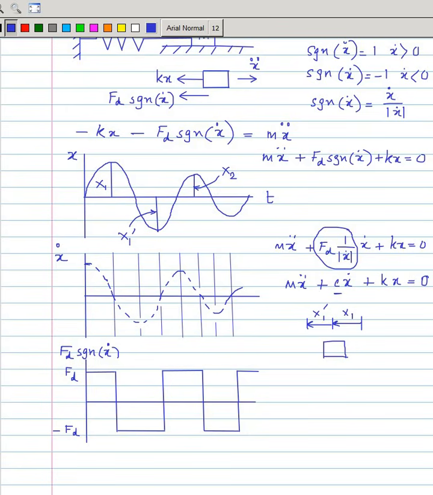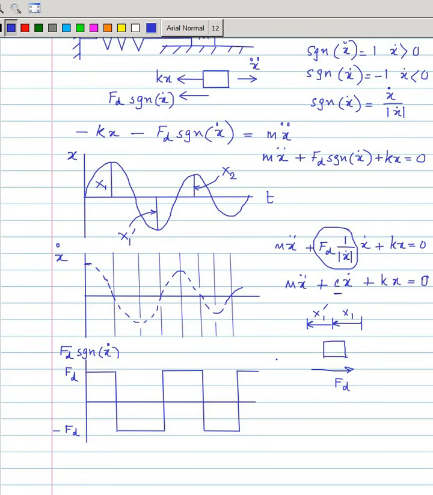From here to here it is moving from right to left, and the sign of x dot is such that the friction force is minus fd. That means the direction of the friction force is this way.